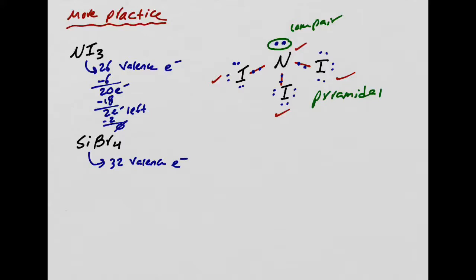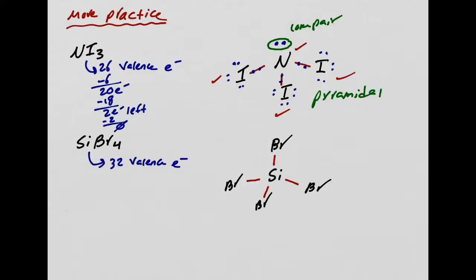So far, so good. Now, the first atom goes in the middle. I'm going to put Si over here. Now the Br is going to go around it. Then I'm going to draw a bond between the center atom and the surrounding atoms.